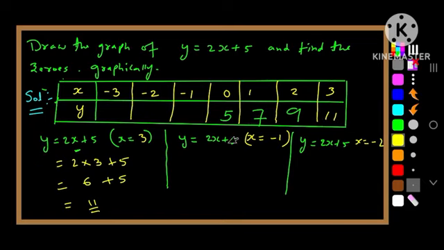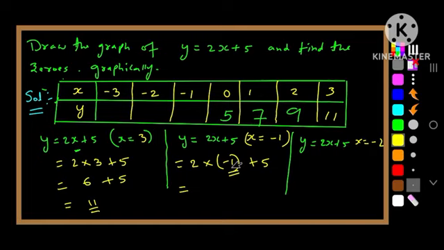So similarly, we will find out for -1. So 2 into -1. Remember, we are taking -1, so keep it in brackets. Always for -1 or minus values, you better keep them in brackets.